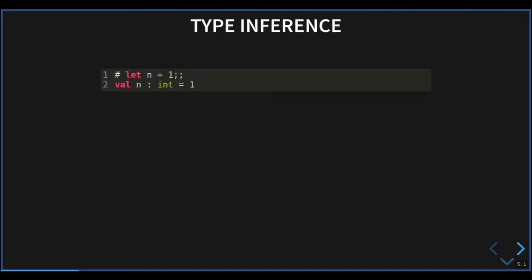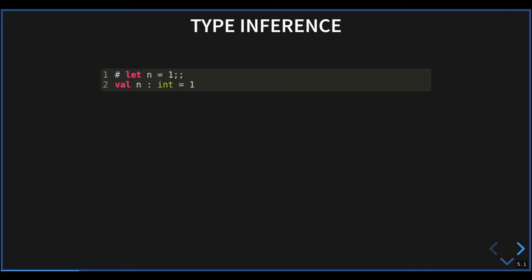So let's take a look at some simple code samples of OCaml, and let's start with looking at how type inference works. So in these samples, when you see code that follows a hash sign, this means that the code was interpreted by the REPL in the interactive mode, and what's below is what the interactive mode output as a result of evaluating this code.